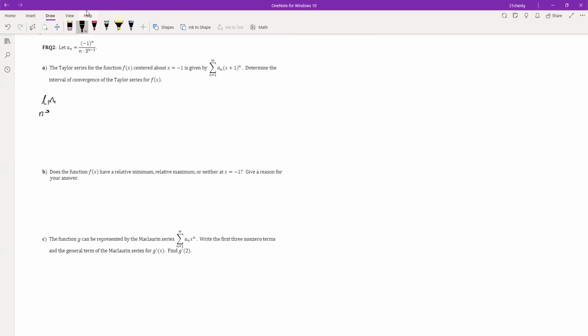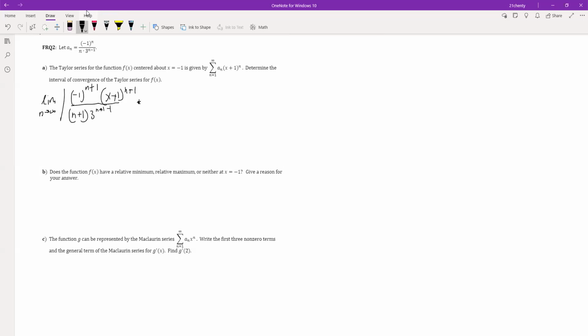The limit as n approaches infinity of the absolute value of a sub n plus 1, which I'll write as negative 1 to the n plus 1 over n plus 1 times 3 to the n plus 1 minus 1, times x plus 1 to the n plus 1.